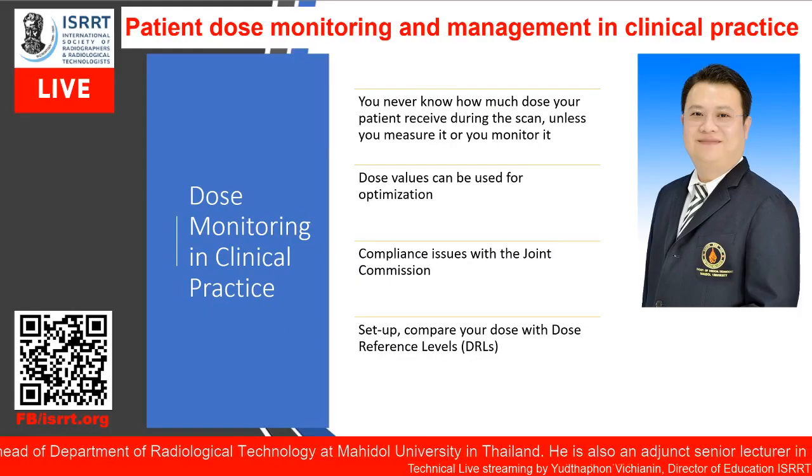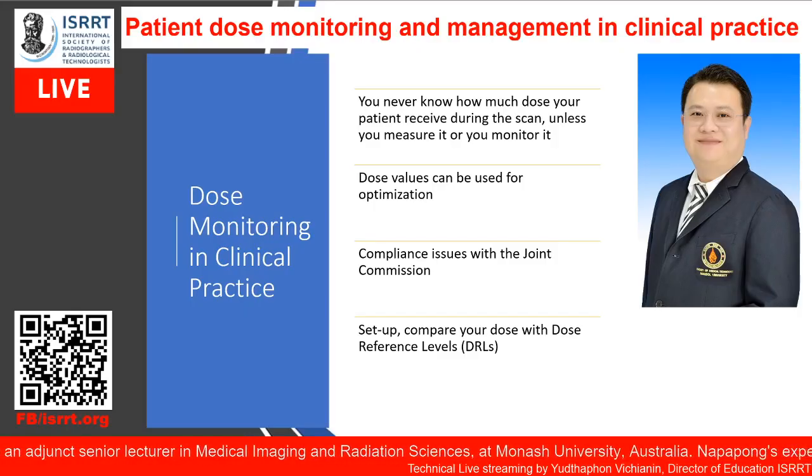In clinical practice, when we talk about dose monitoring, the first thing I always tell my radiologists, my radiographers, and also the physicists that I train is: you never know how much dose your patient received during the scan unless you measure it or you monitor it, right?